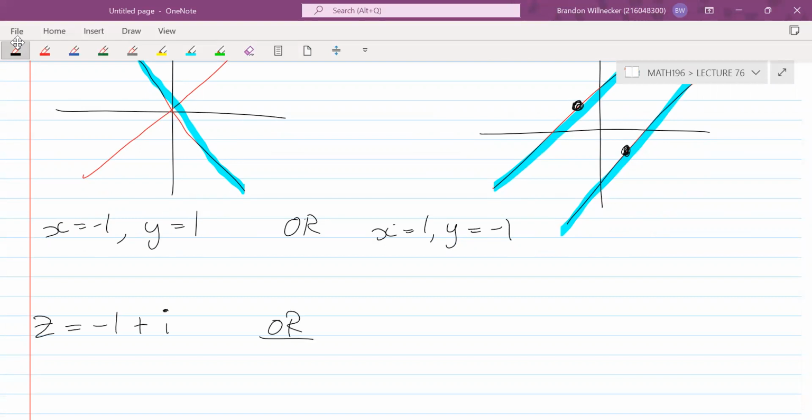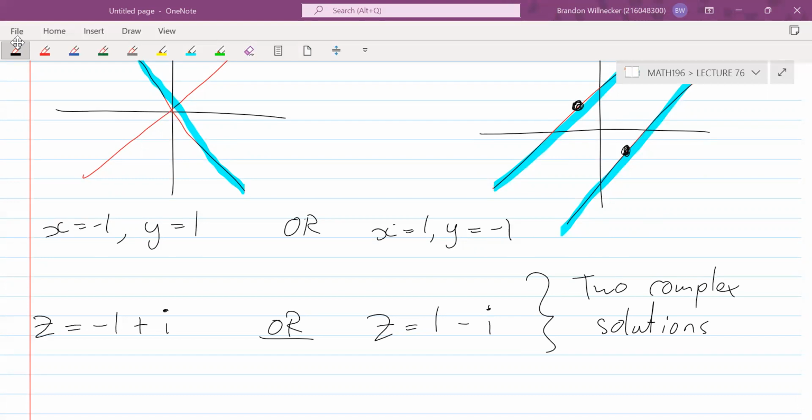We've got another solution, x equals 1, y equals minus 1, so z is equal to 1 minus i. And these are our two complex solutions. They're complex because we've got this imaginary i for both of those solutions. So both of them are complex.